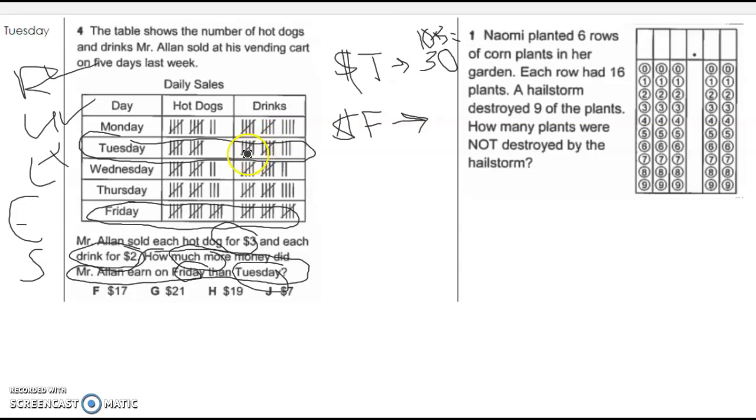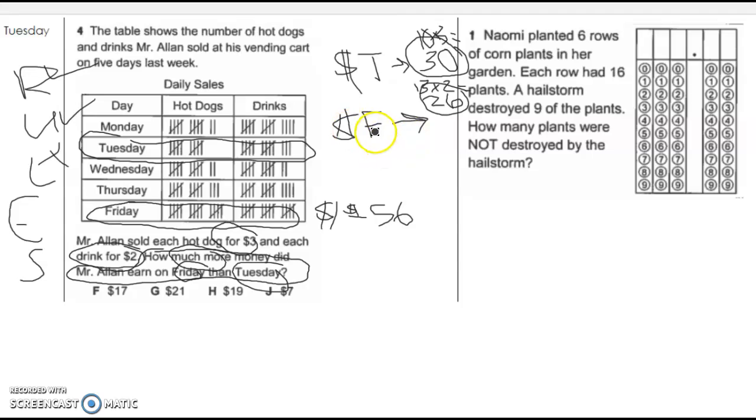And he also sold 13 drinks for $2 each. So 13 times 2 is 26. So I can add those two numbers together. So the amount of money he made on Tuesday was $56.